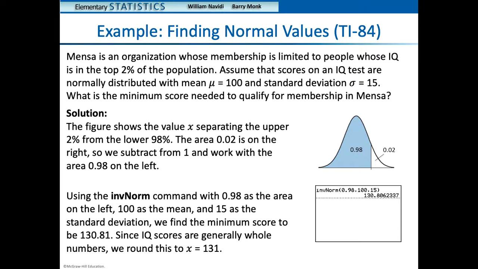The third number I would input is 15, since that's the standard deviation. Then you just run the command and round to the nearest whole number, which again rounds to 131. So that's an even simpler way, really. Once you practice getting familiar with that command, it's actually simpler to do it this way than to use the chart method, although both methods work fine.